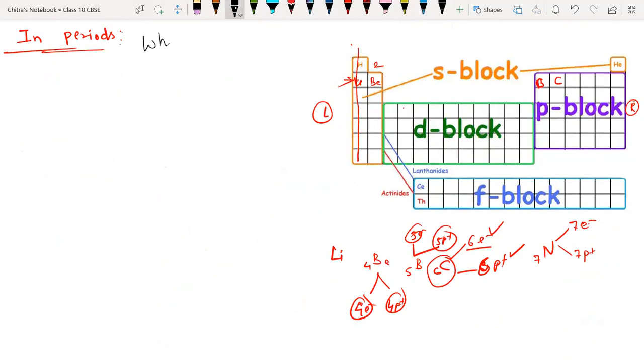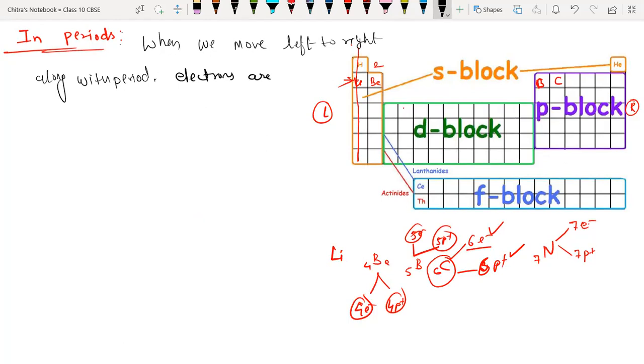When we move left to right along a period, electrons are added in the same shell, due to which nuclear charge increases.